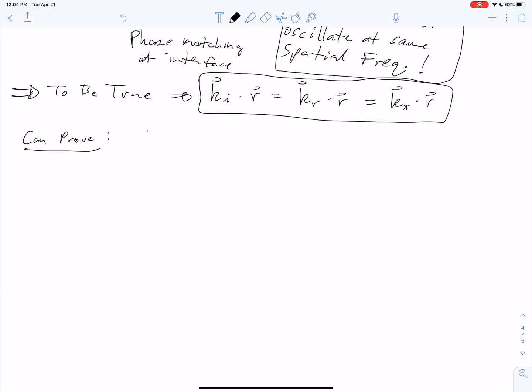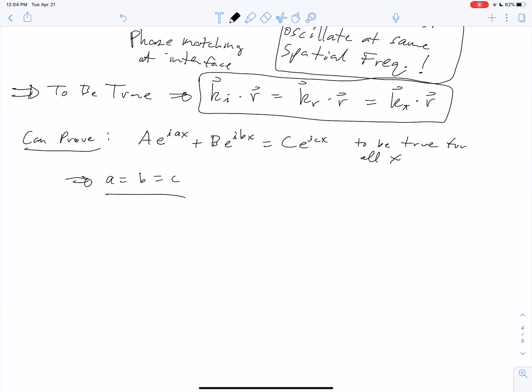But here's a proof. Let's turn it into purely mathematical language. If I have some exponentials, a e to the i a x plus b e to the i b x equals c e to the i c x, for this to be true for all x, then we need a equals b equals c. And that is basically the math.